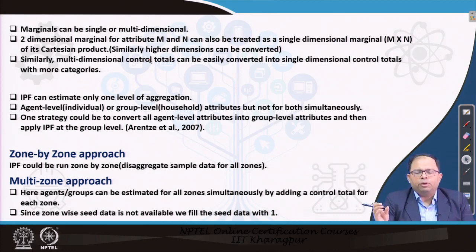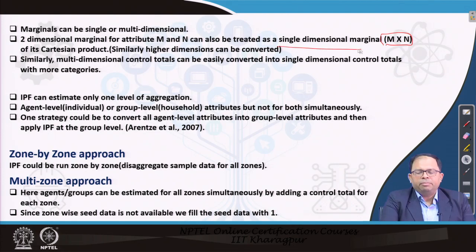This can become a new group, and m into n together becomes one group. And if we have the seed data for that, we can use it to convert higher dimensional marginals into single dimensional marginals.